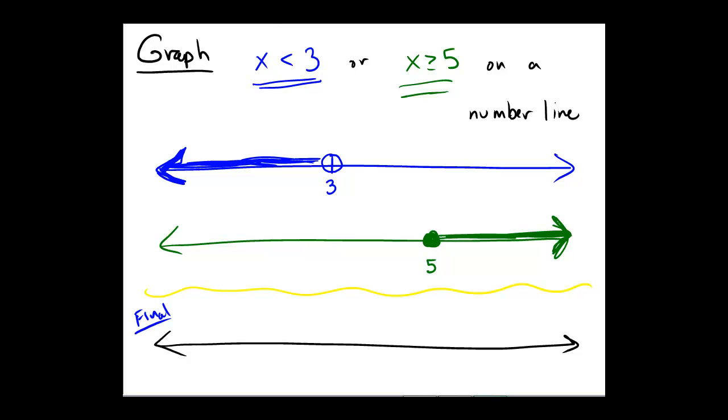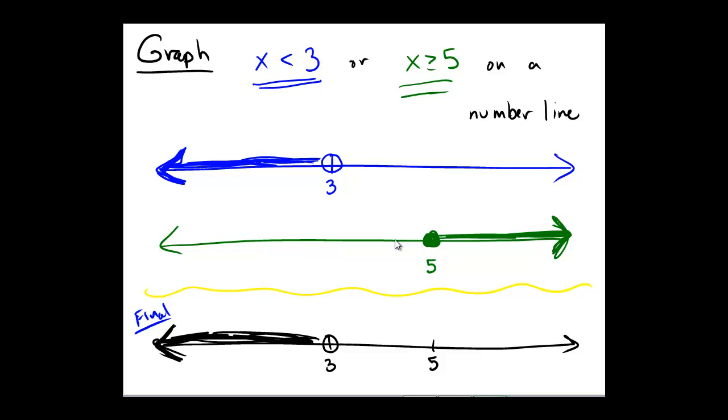Now when we bring them together into the final answer, we need to include all of the parts of the two graphs above that are shaded, either shaded in one picture or in the other picture. In the bottom graph, I'm going to label the 3 and the 5. At 3, I need to shade left from 3 because the top line has this portion shaded. We definitely have to shade left because the or means we shade either part, one that is shaded in the top graph or the bottom graph.